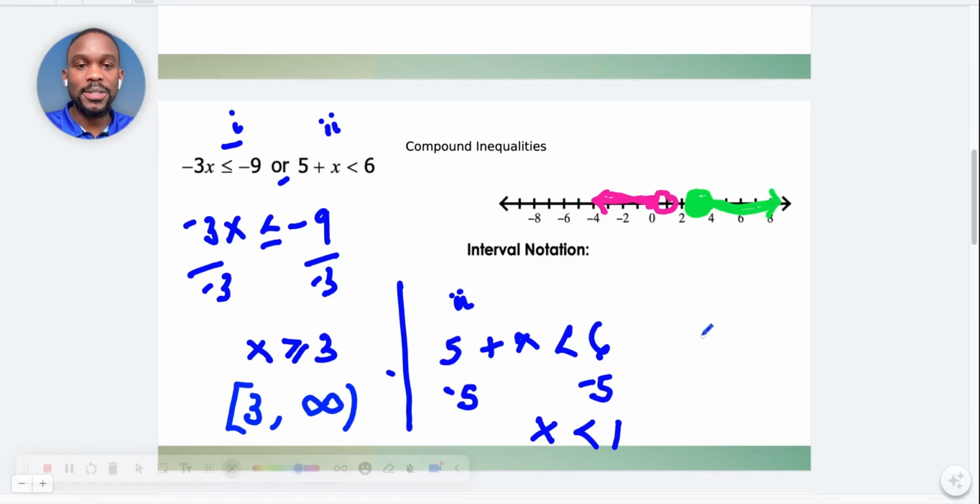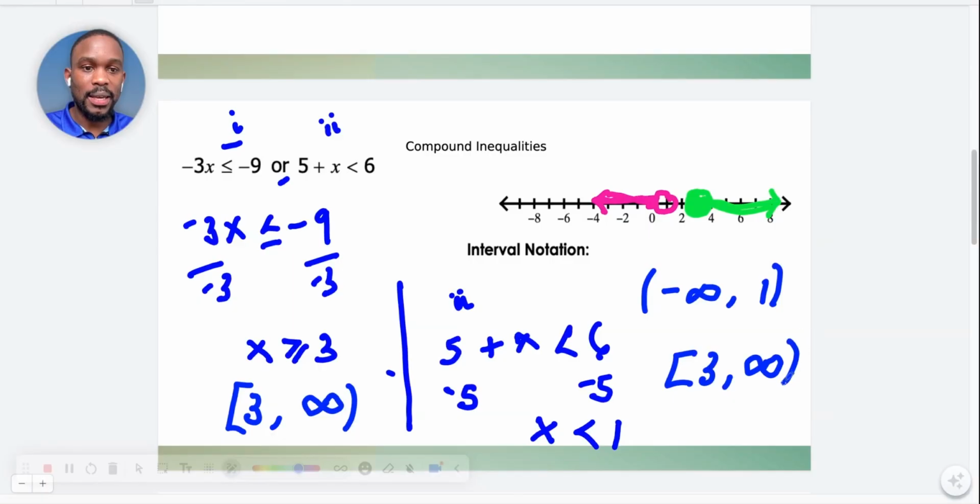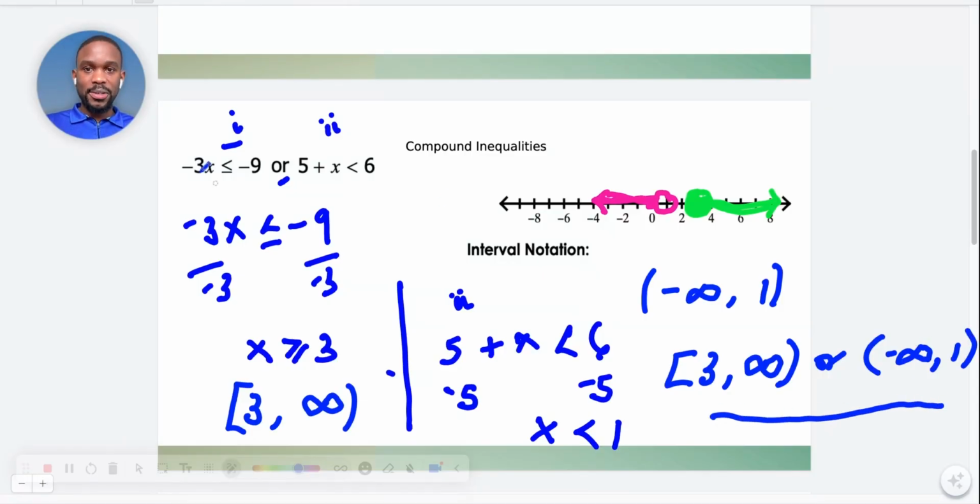So the starting point is going to be negative infinity and then 1. But remember, because we're using less, we're going to use parentheses. To put them together, you would write bracket 3 to infinity, or negative infinity to 1. This is the interval notation of this compound inequality.